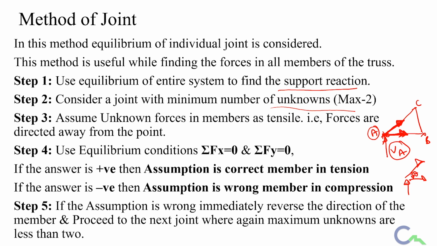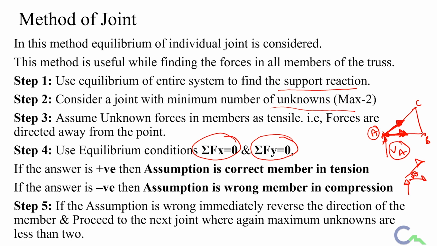Then I have to use the equilibrium conditions, that is, the summation of horizontal forces is equal to 0 and the summation of vertical forces is equal to 0. If I get a positive answer, my assumption is correct. If I get a negative answer, my assumption is wrong and that member is in compression.